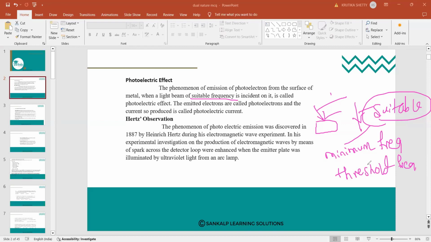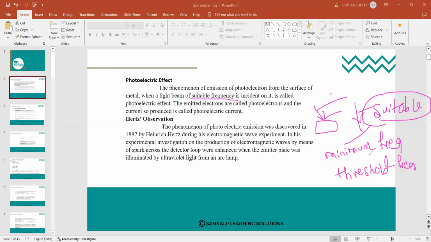So what is threshold frequency, students? That is the minimum frequency required for the photoelectric effect. That frequency is called what? Threshold frequency. Similarly, we can also say threshold wavelength; it is the same. The minimum wavelength required for the photoelectric effect is called the threshold wavelength.